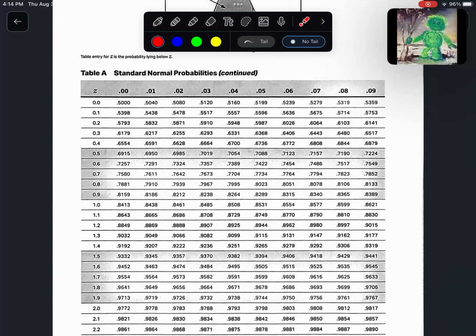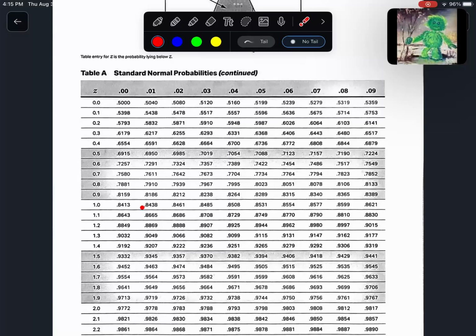Once you've got the z-score out to the 10th place, you're going to go over to a column that's determined by the 100th place. So if I have a z-score of 1.01, and I want to find what percent of my temperatures are below it, I'm going to find 1.0, and then I'm going to go over to the 0.01, and there's your answer.